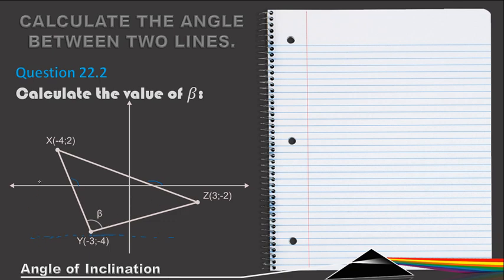So if this line runs parallel to the x-axis, then this angle over here, let's call that one x in this case. This would be the angle for line YZ, if I use that in my formula.